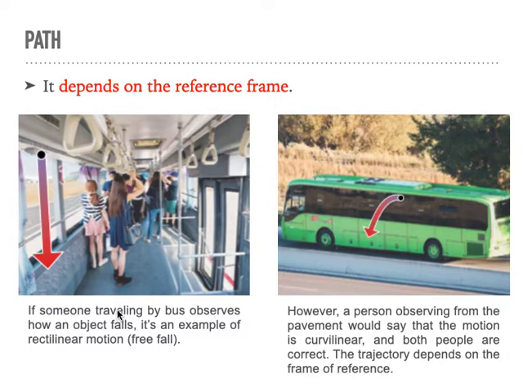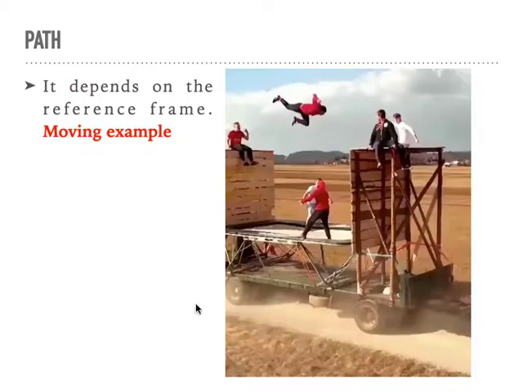For example, here, if someone is traveling by bus and you throw something, for the person in the bus, the object is going to fall in like a linear motion. But if you see it from outside, you're going to see that because the bus is moving forward, the ball is going to follow a parabolic motion. And if you don't believe me, I hope you see it here.